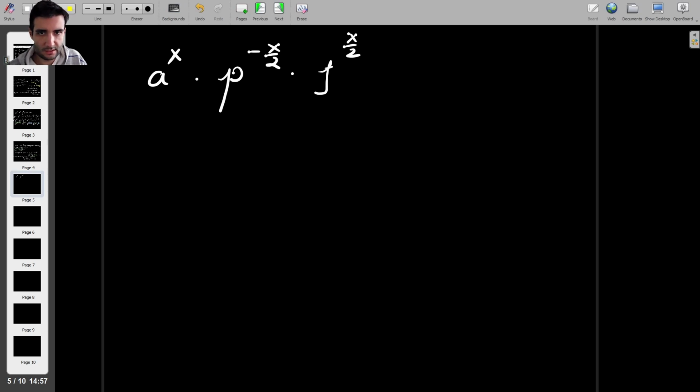And this is going to be equal to a constant, because if we choose the powers in this way, we end up with something that has no units. Let's call this constant c for now.